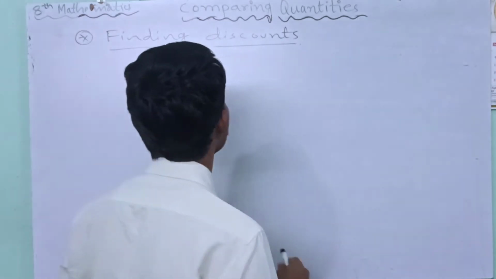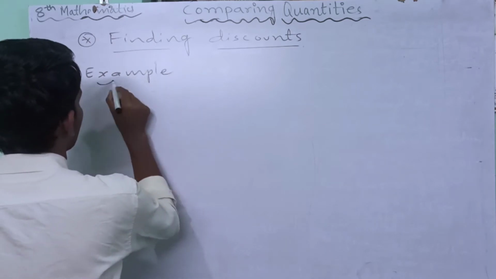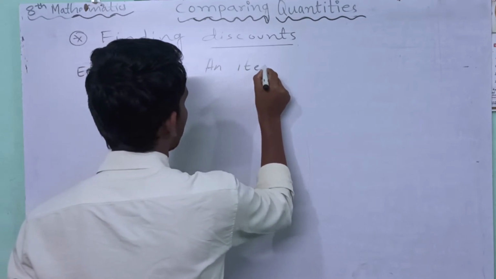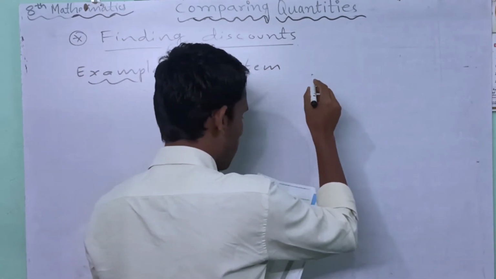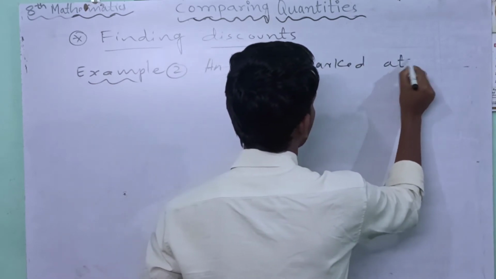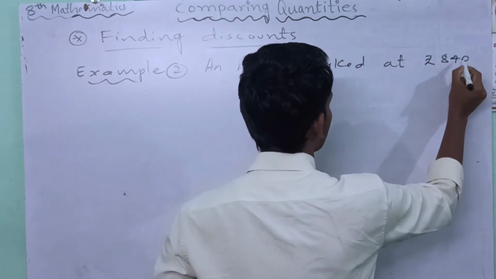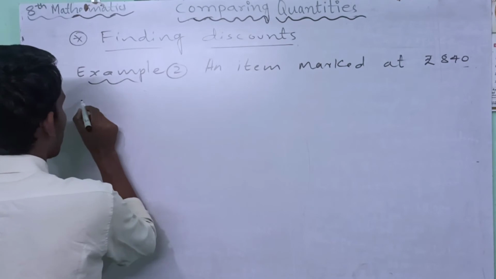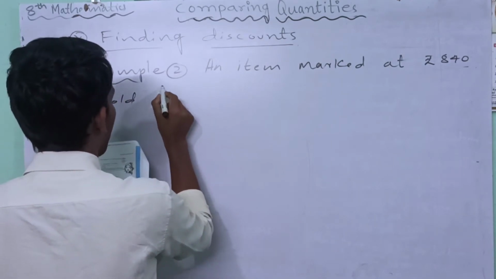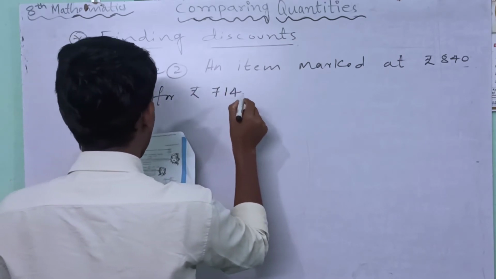Let us see an example here. An item marked at 840 rupees is sold for 740.